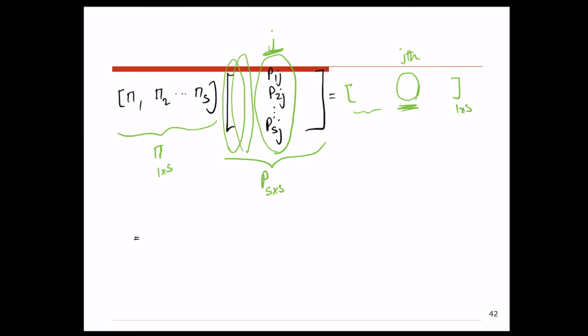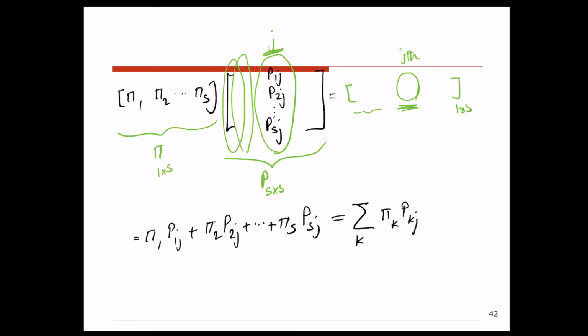It's going to be pi 1 multiplied by p1j, plus pi 2 multiplied by p2j, all the way to pi S multiplied by pSj. If I write the summation of this equation, it's going to be the summation of pi k multiplied by pkj, where k goes from 1 to S.